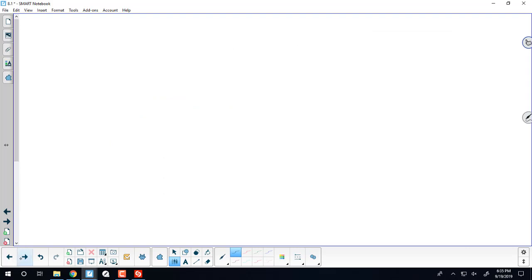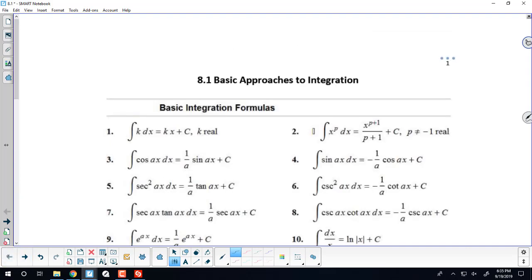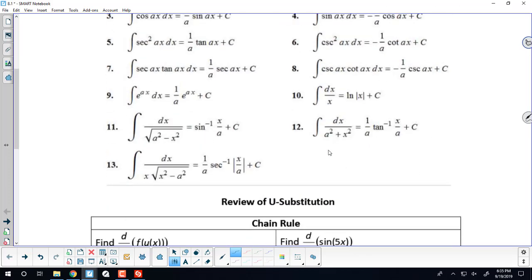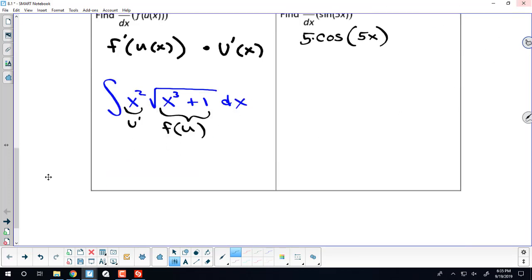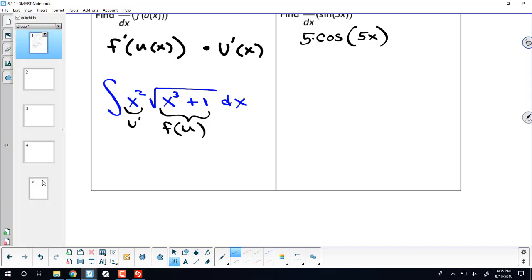Is all of this blank? Oops. Okay, let me reopen that, because it didn't like the other pages. Let's just make sure that they're, yeah.